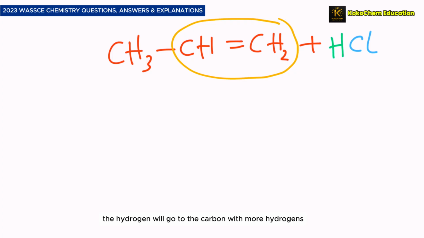According to Markovnikov's rule, the hydrogen will go to the carbon with more hydrogens. So we have two hydrogens, this one and this one.